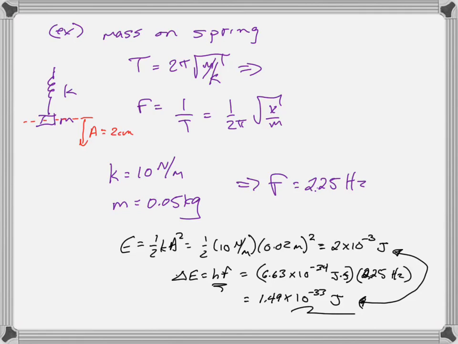But when you get up to high energy and many atoms, quantization tends to blend together to look continuous. It's this concept that 10 to the minus 33 out of 10 to the minus 3 is so small that it might as well just be continuous.